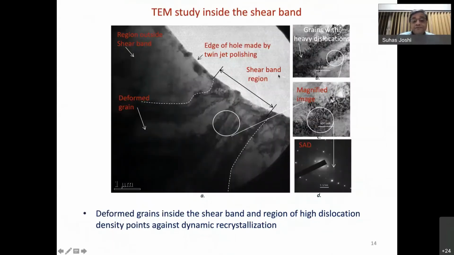Now, if you take the zone which is very close to the tool point, where the tool was moving, and try to see what is happening there, this is transmission electron microscopy.